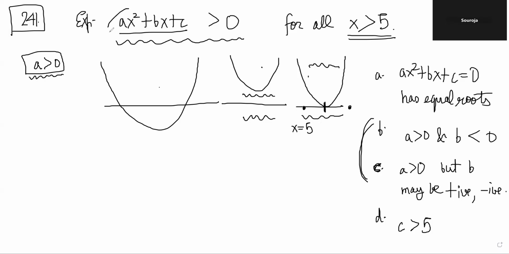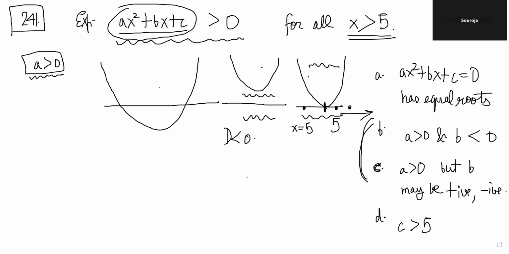We need to make the quadratic always greater than 0, not equal to 0. So basically the root should be smaller than 5, and 5 should be here. So both of these graphs will work.